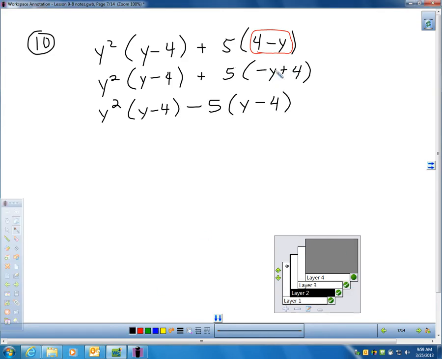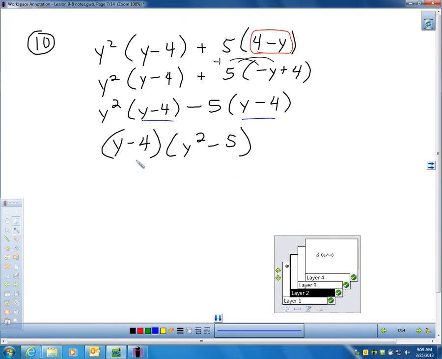If I pull a negative 1 out of here, this didn't change at all. But over here, since I factored out the negative 1, I have negative 1 times 5, which is now negative 5. When I factor out the negative 1, the signs change. Now I want you to notice here, I do have a common binomial now, and I can pull that common binomial out, or factor it out, and I'm left with y minus 4 and y squared minus 5.